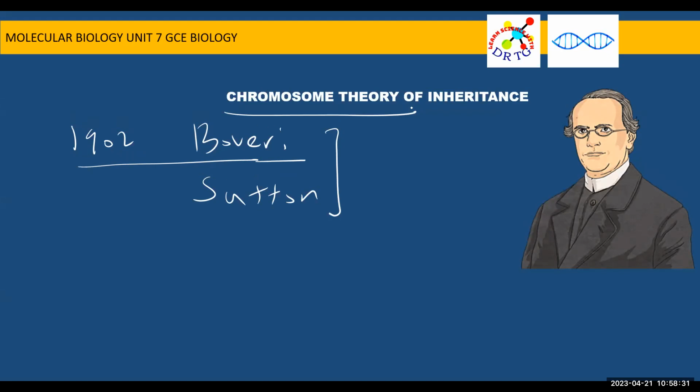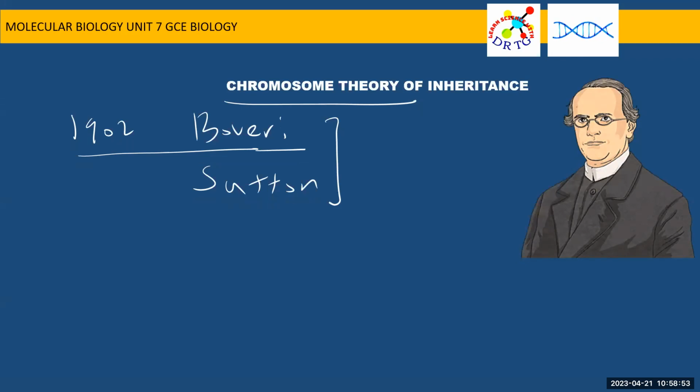The diploid cells replicate, and after replication the chromosome number is doubled, and during meiosis 1, reduction division happens, and then the homologous chromosomes separate, and at the end of meiosis 2, gametes form. So they get half the number of chromosomes. That's actually the chromosome theory of inheritance, which is not a new thing.